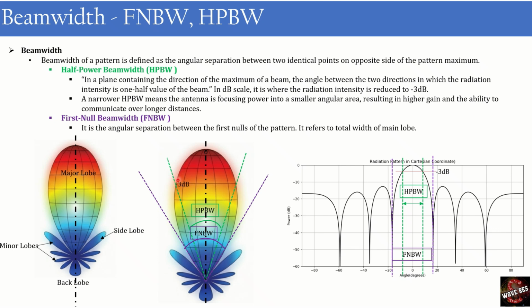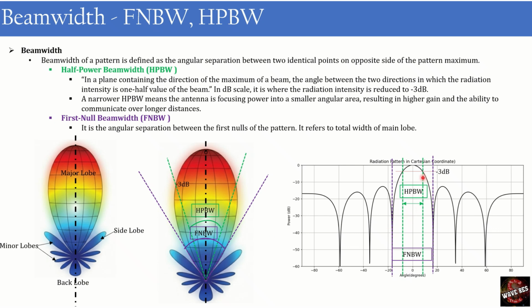So it represents the angular separation between the two points where power is reduced by 3 dB. This is the normalized pattern. We have a maximum power of 0 dB, and half power means a minus 3 dB difference, and when we extend this, the angular separation is known as half power beamwidth.